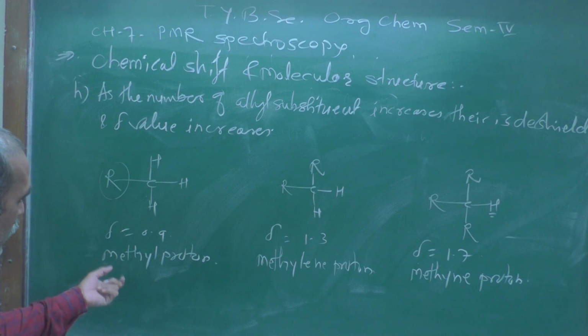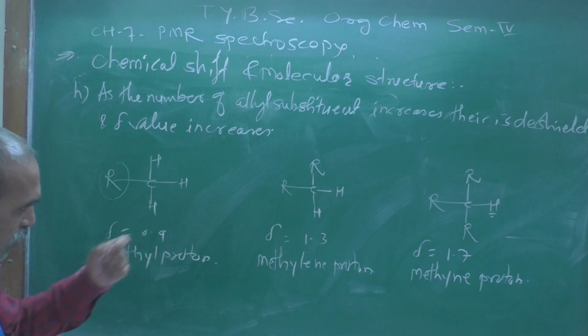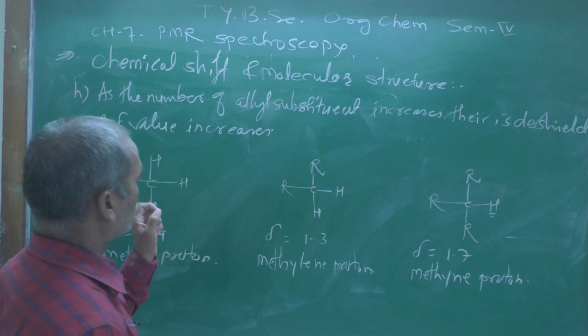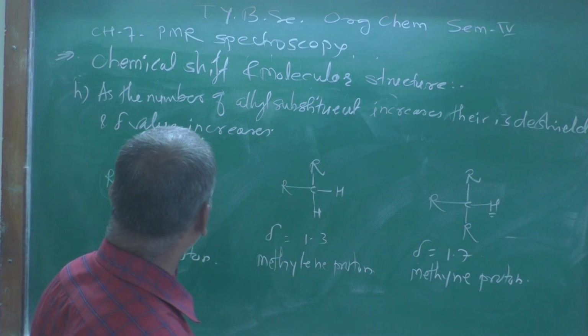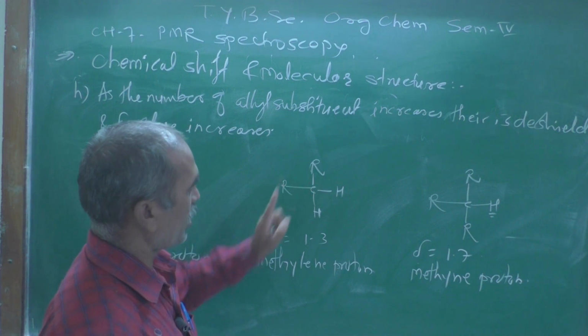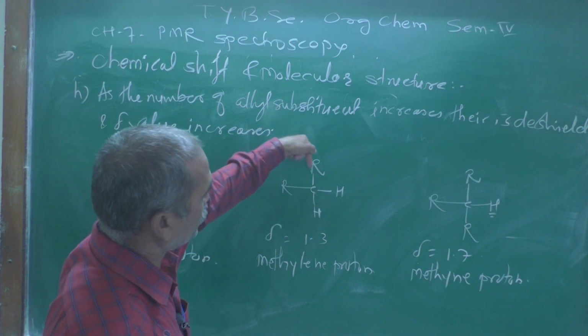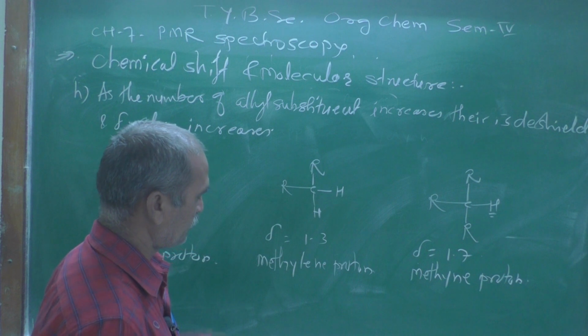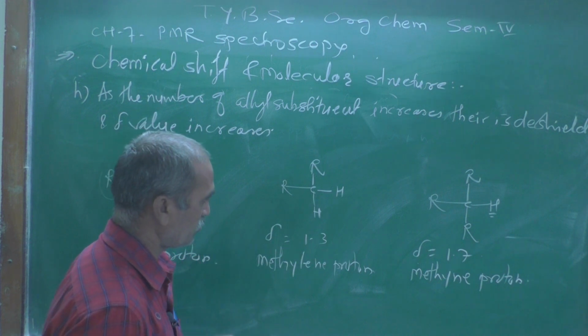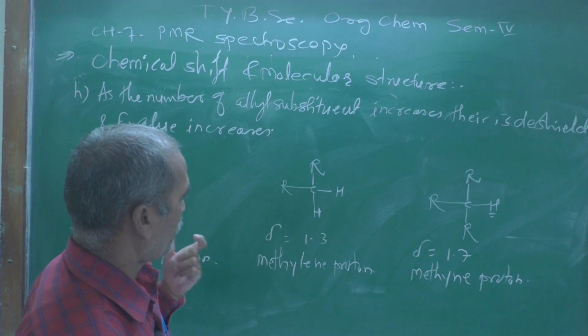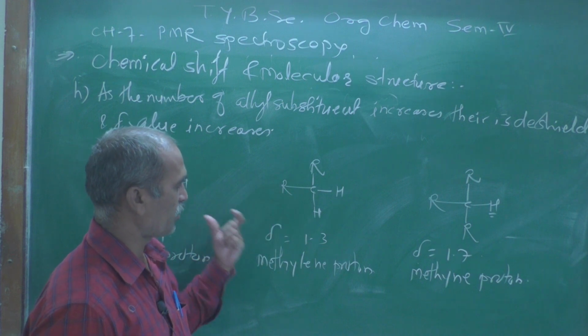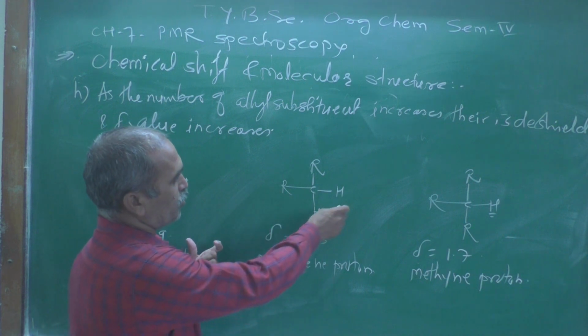This is known as methyl proton. Now, one of the hydrogen atoms I am replacing by R, meaning one alkyl substituent increases in the second structure, and if you observe carefully, there are two protons.